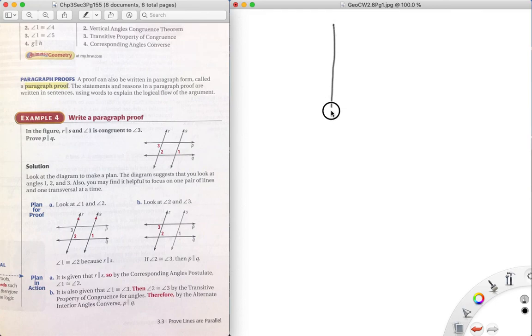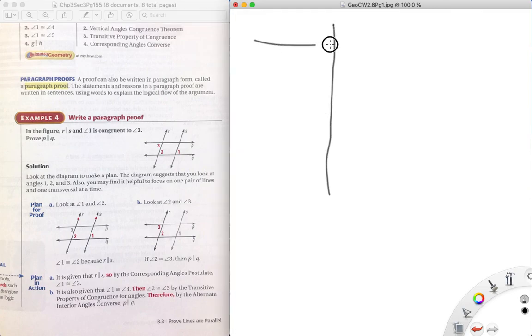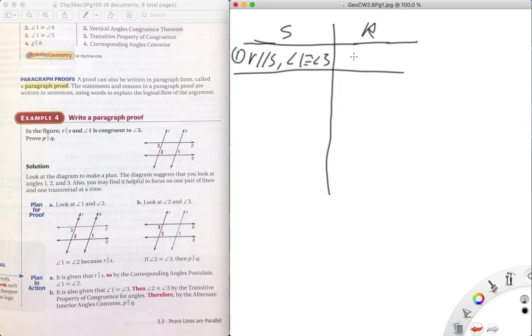I would say R is parallel to S, and 1 is congruent to 3, because it's given to me.